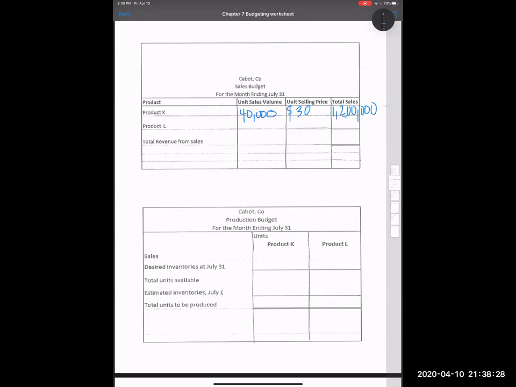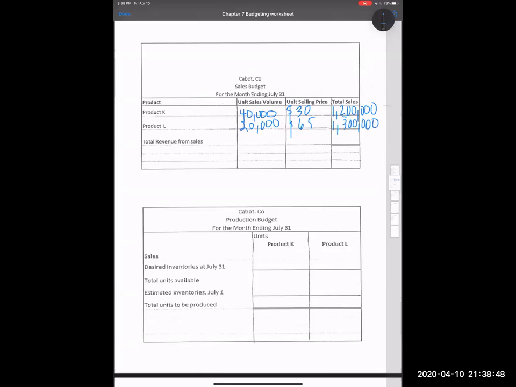All right, next one, product L. It tells us product L will have a total sales of 20,000 units, and the selling price of product L will be $65. So if I did that calculation, 20,000 times $65 per unit, I come up with $1,300,000.